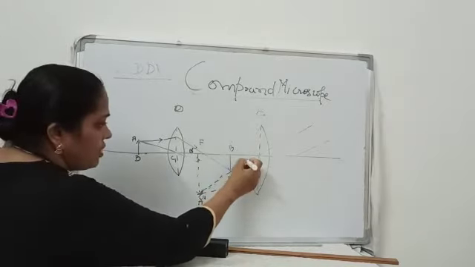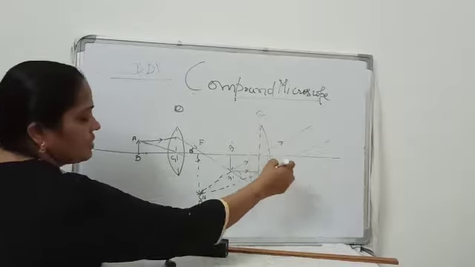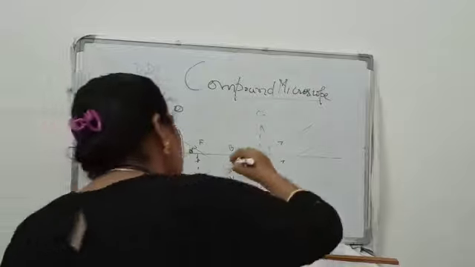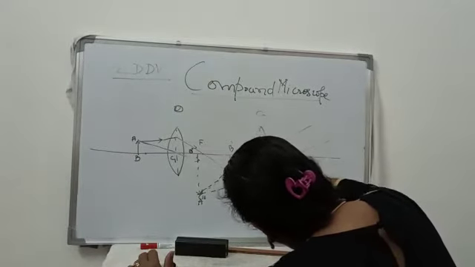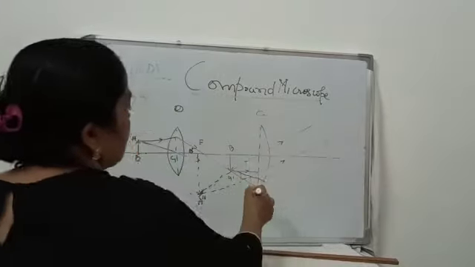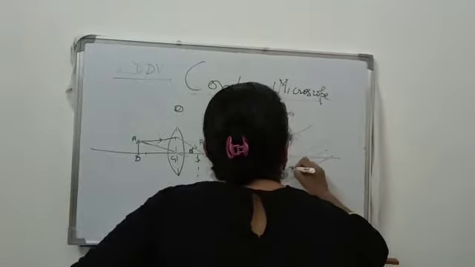Now we have drawn two rays. It goes without any deviation. Like this it goes. We can also make use of these two rays which are refracting from here. Any number of rays from this point we can draw. So it is getting refracted. When you just extend it, you can also draw it in this manner.